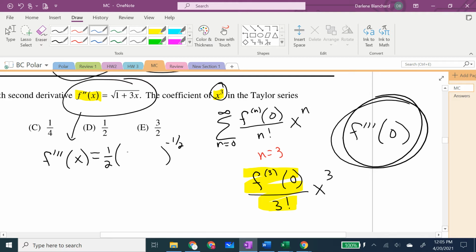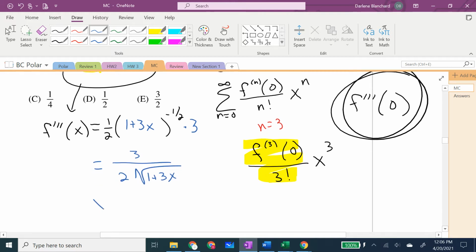Give mommy her baby and multiply by the derivative of the baby. This turns into 3 over 2 root 1 plus 3x. Plug in x equals 0, and that's going to give us 3/2. So the third derivative at 0 is 3/2, and the coefficient is 3/2 divided by 3 factorial, which is 6, which is going to make this 1/4.